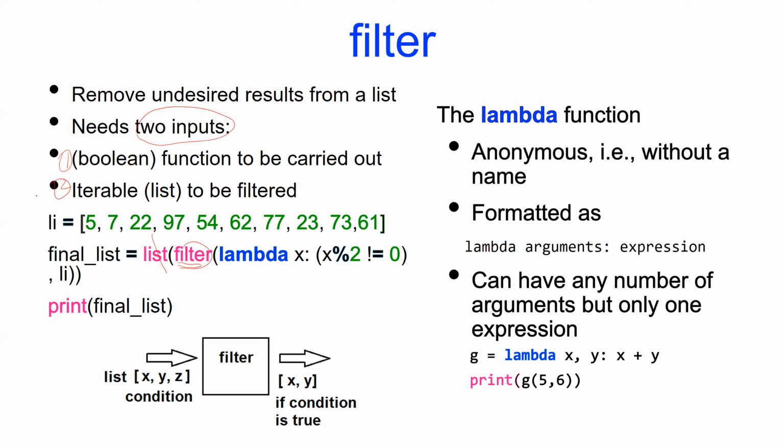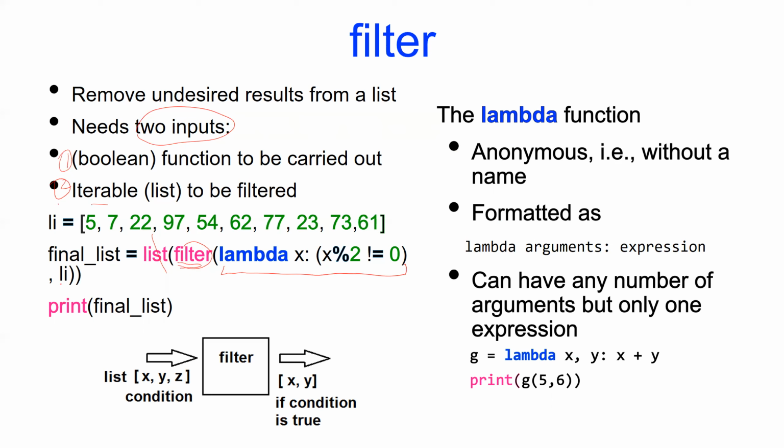The first parameter is a Boolean function. The Boolean function will give you true or false, so it only does one condition check to say this is true or false. Then the second parameter will be an interval, let's say a list or a tuple. In this particular example, we can see we contain 2 parts. The first part is something mysterious, I will show you what it is next.